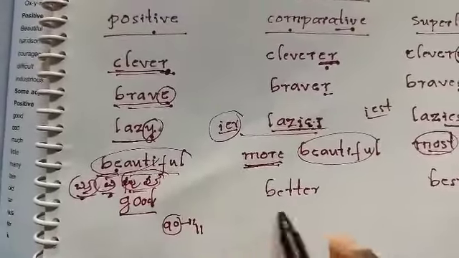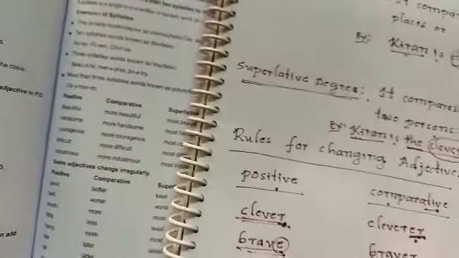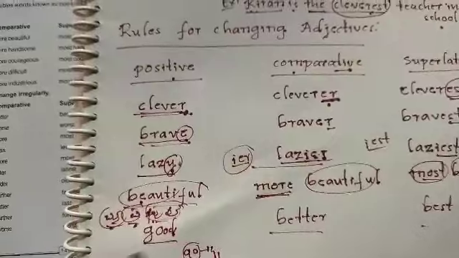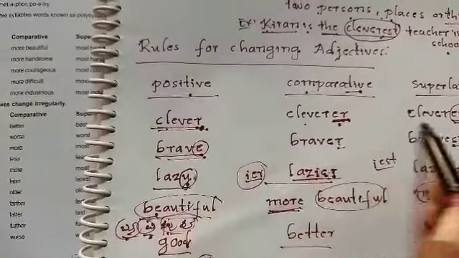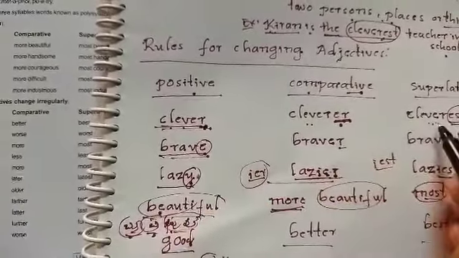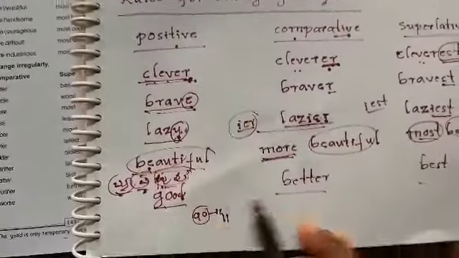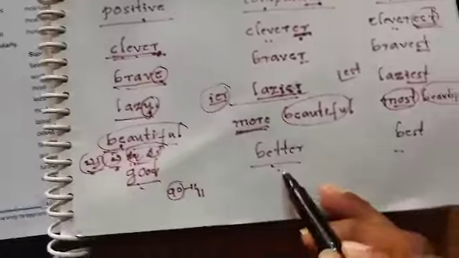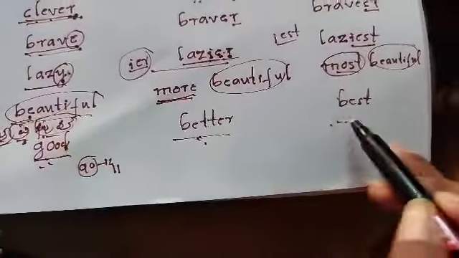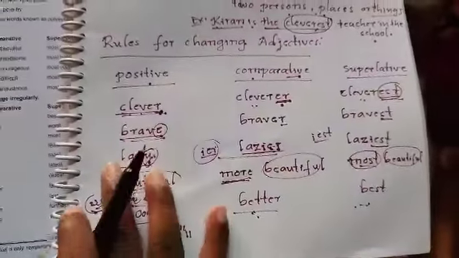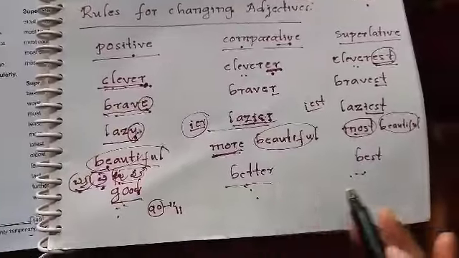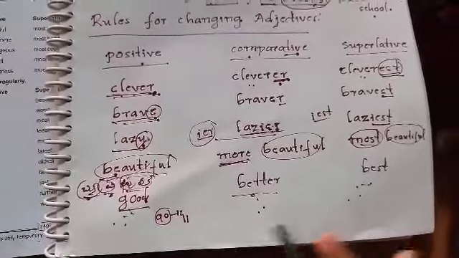And irregular adjectives are there here. It is not common. See, clever, cleverer, cleverest is regular and repeated, but here it does not repeat. Good, better, best. Bad, worse, worst.